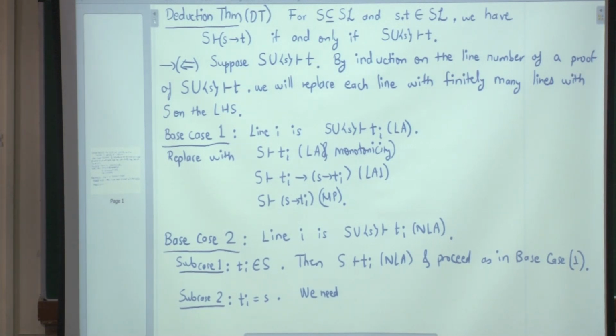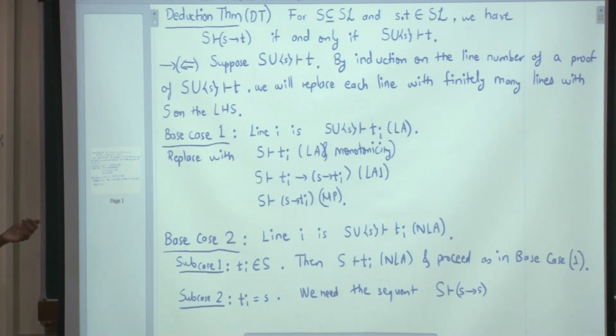Yes, but even if it is a tautology, it doesn't mean that you already have a proof for it. We need the sequent S proves s implies Ti, but Ti is s. Okay, how do we obtain this?